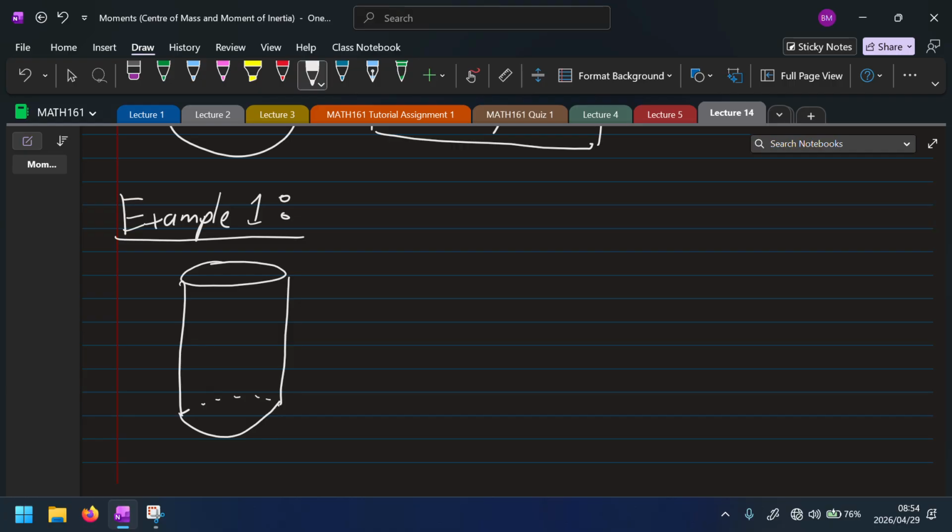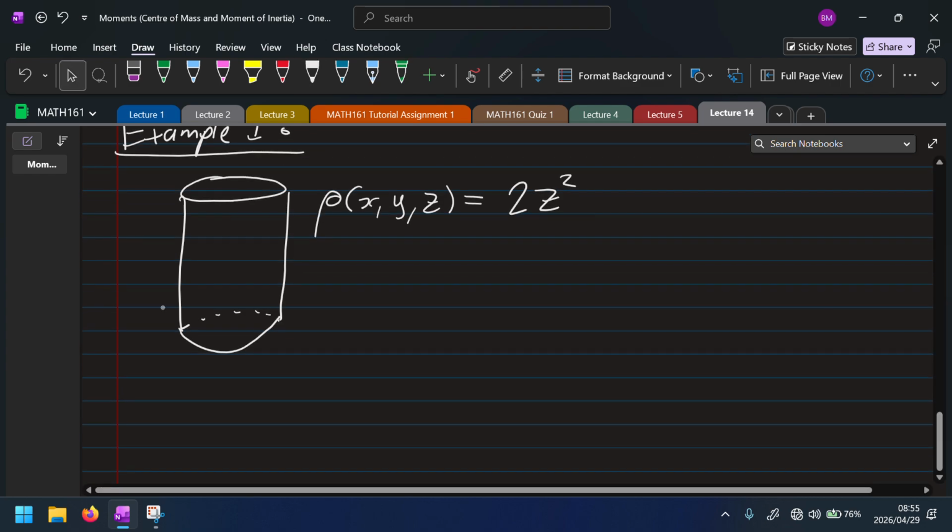So we've got a cylinder like this, okay, very easy to work with. And I'm going to say that the density changes as we move up the cylinder. So rho of XYZ, okay, rho of XYZ. So we got XY, we got Z going up. This is going to be given by, let's say, 2Z squared. Yeah. So again, we've got our little coordinate system like this.